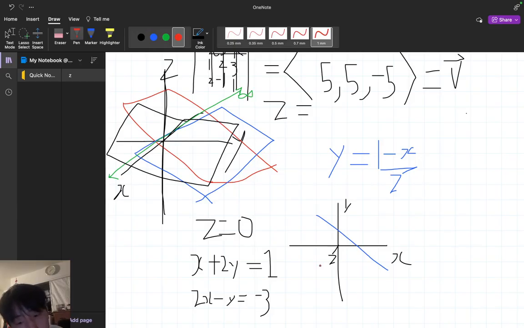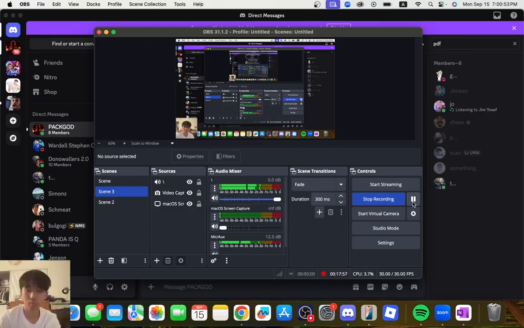I think, okay, it's 2x plus 3. So you probably just see something like this. This is from the top view, but from the top view, it should look something like this. I might go on Desmos to show my point.